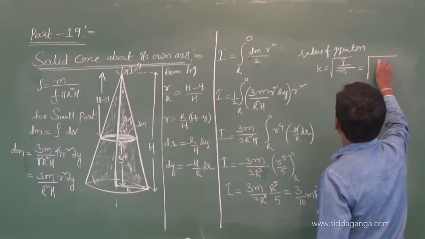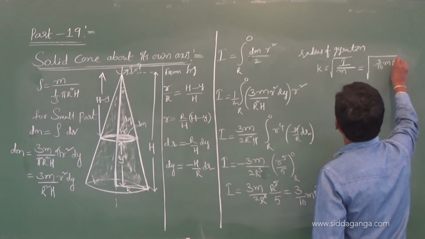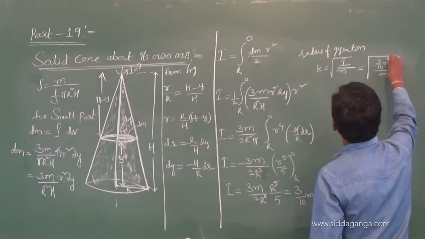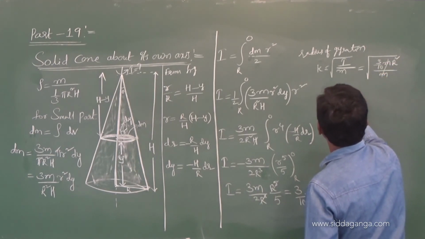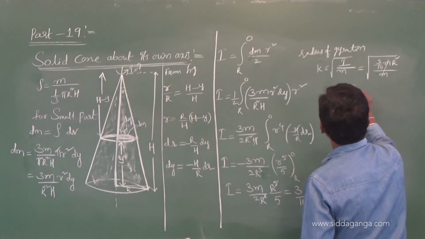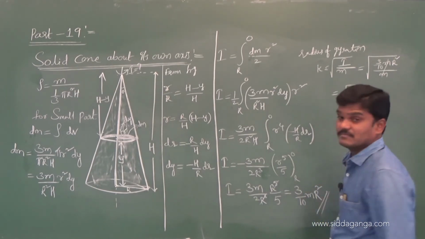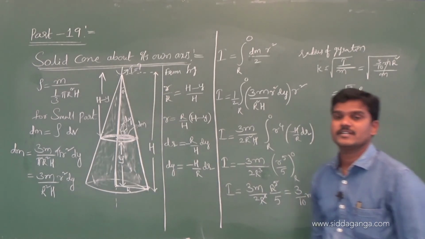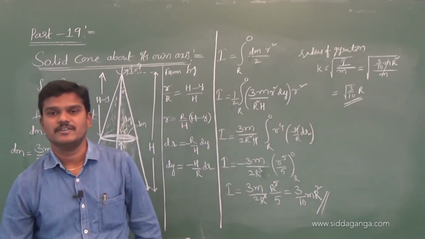I is nothing but 3 by 10 m r square by m. Then what is the answer you are getting now? Root 3 by 10 times of r is the radius of gyration.